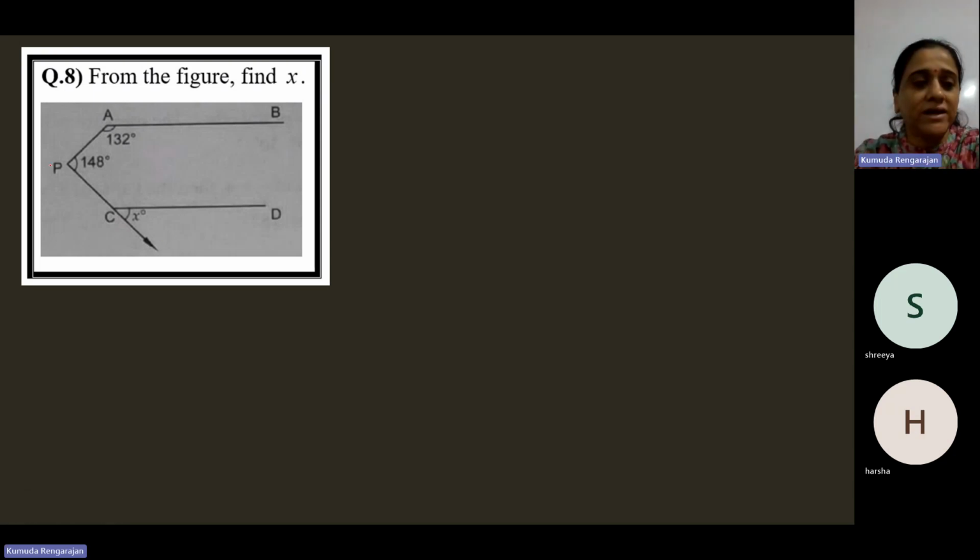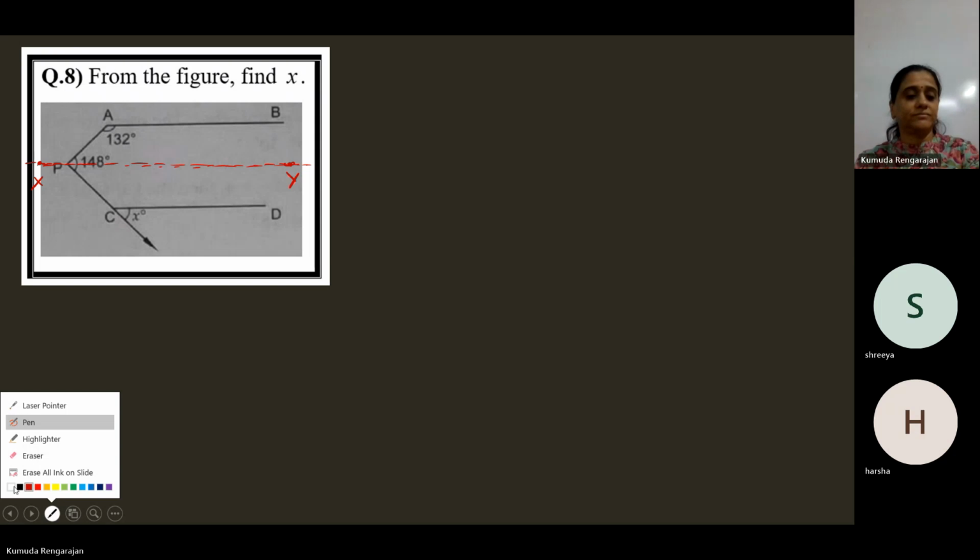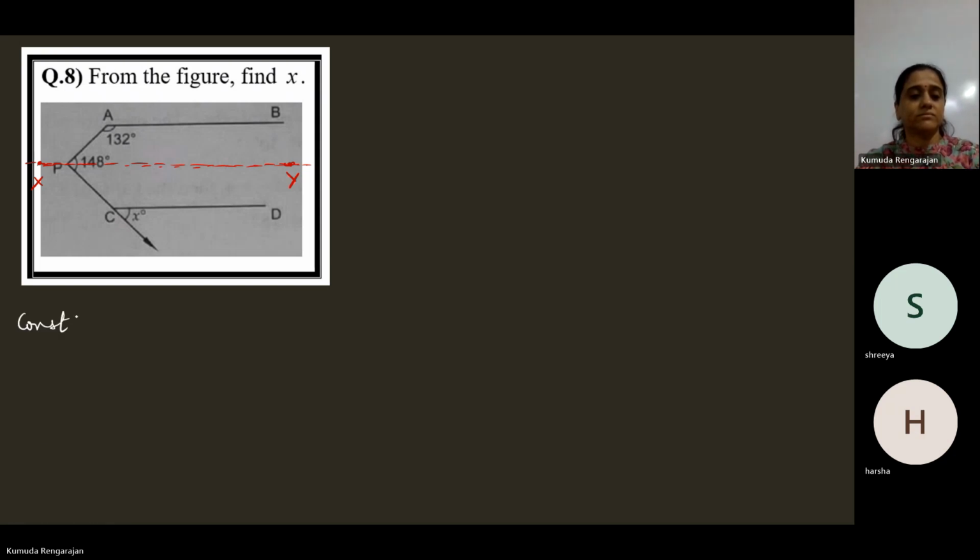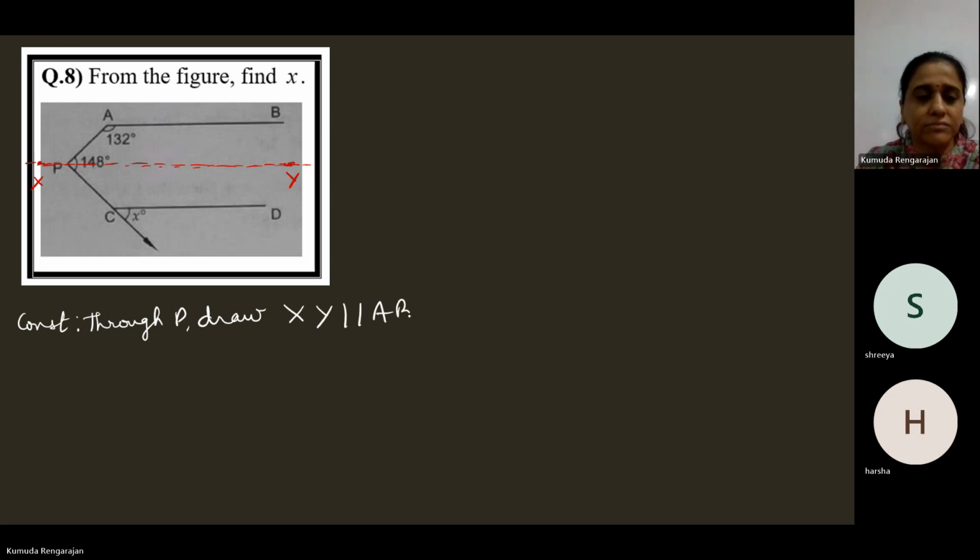Also, you must draw the diagram again and then draw the construction. Here parallel lines were not marked, but I hope you assumed it.